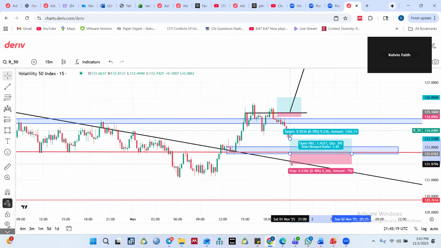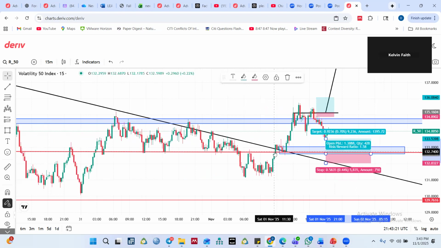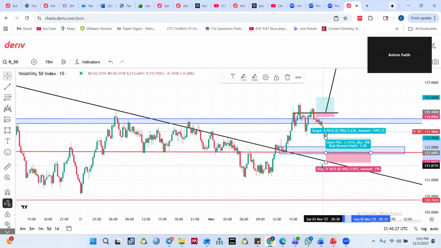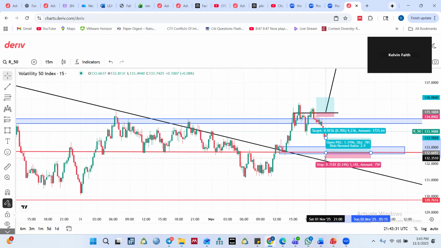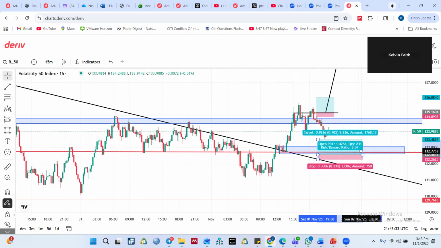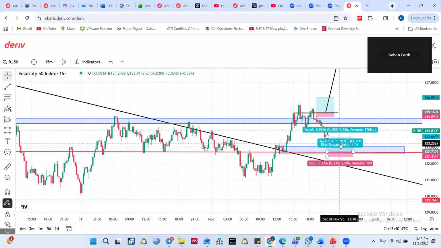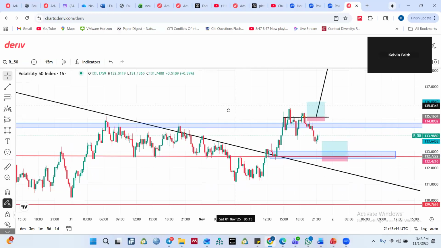So let's put it a little bit under this small order block here, because below that line, sellers will be in charge. If it drops and goes below, allow it. Even if you close on a small loss, allow it. Don't rush it. It will always come back and give the setup to you.